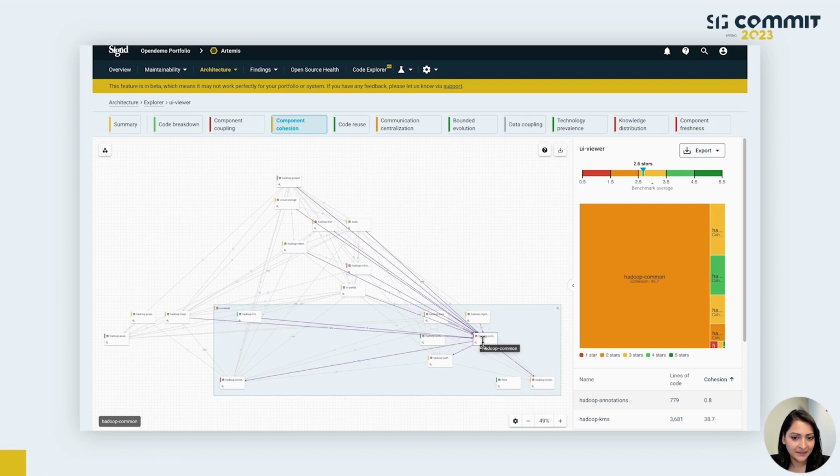But given the dependency within the sub-modules here and across the other components within the system, it makes me believe that there would be a lot of business logic within the front-end layer, which is another anti-pattern. And of course, in a real-world system, we'd be looking a lot deeper and talking to the development teams to validate our findings.